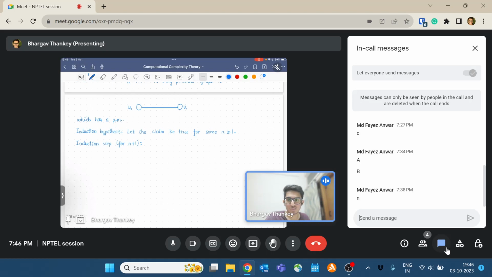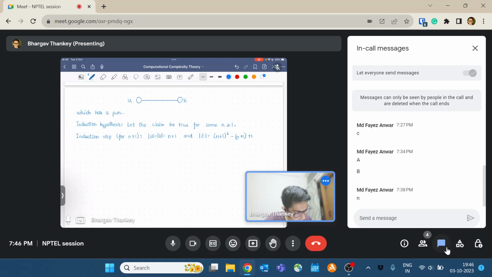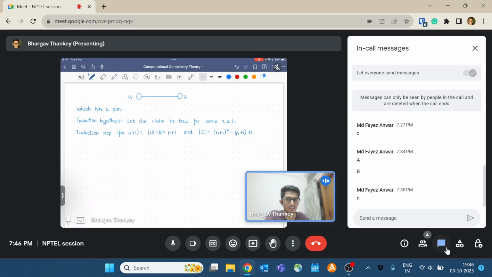So now our graph has n plus 1 vertices, and so the size of E is going to be (n+1) squared minus (n+1) plus 1. Let me not simplify this just yet. And we have a perfect matching. So what we'll do is the following. We'll show how to construct this perfect matching inductively.